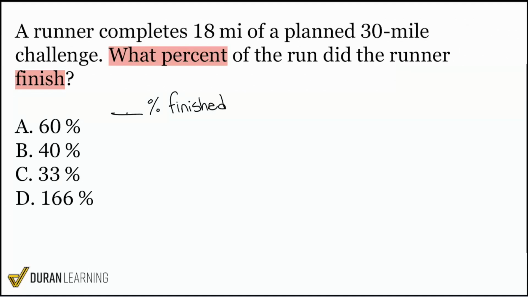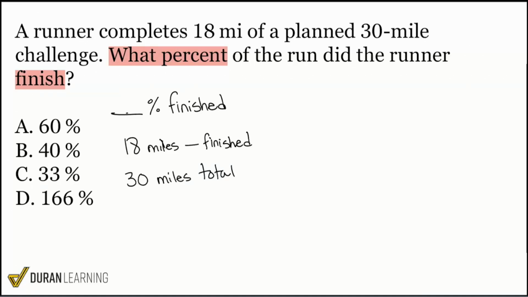So let's take a look at the other information that's there. It says a runner completes 18 miles of a planned 30-mile challenge. Okay, so 18 miles are complete or finished. And then 30 miles is the total.